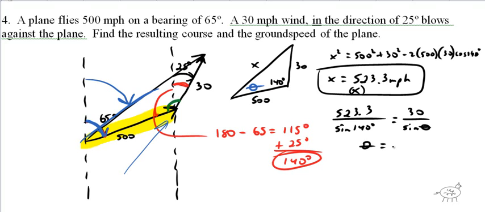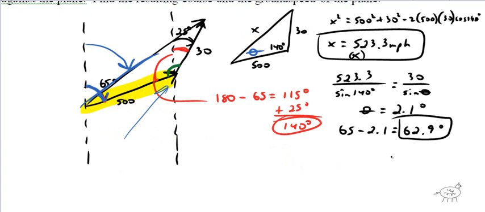Do your cross multiply, inverse sine, we get theta is equal to 2.1 degrees. Now this is again where you subtract. So it's 65 degrees minus 2.1, which gives you 62.9 degrees. That's our new course. Okay, so again, this is just the same stuff as the day before.